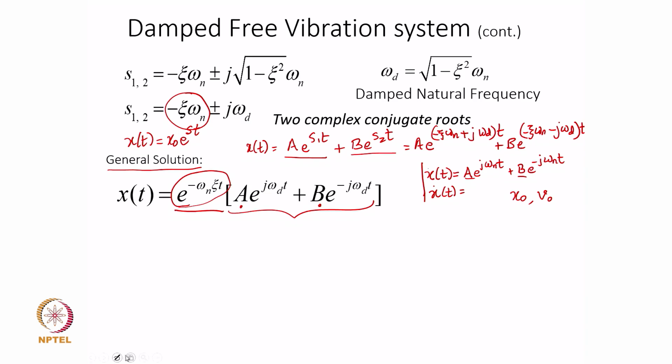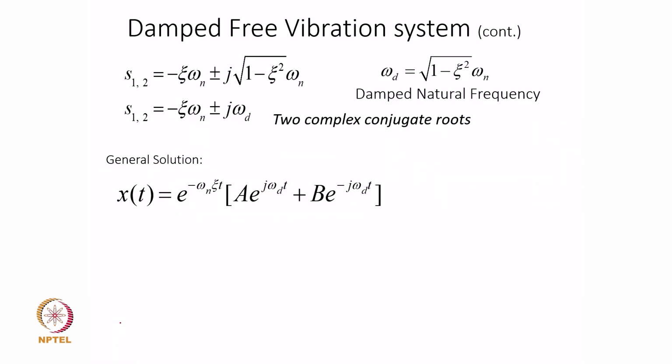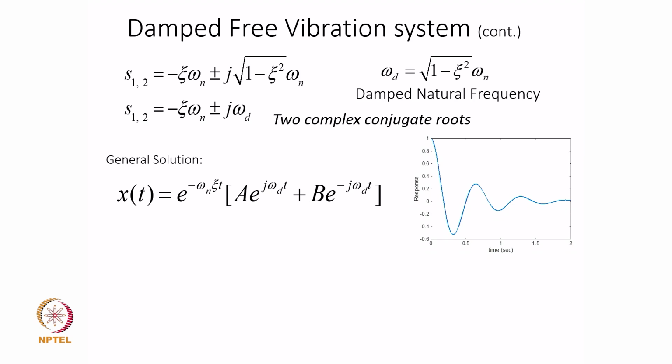I showed you the typical response that we are all aware of: a sinusoid with a frequency equal to omega d. The time period between two peaks for one cycle is, as we can expect, 2 pi over omega d, where omega d is the damped natural frequency.